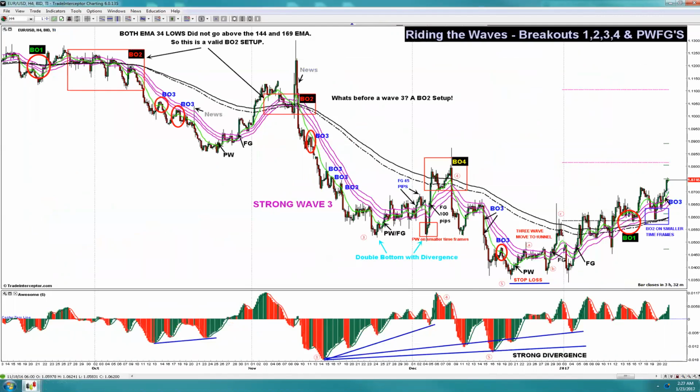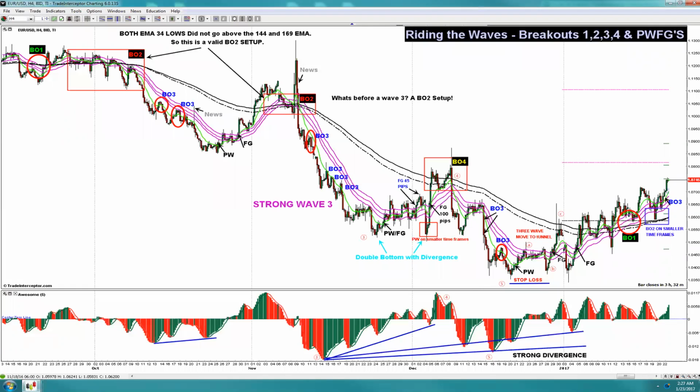There's a question. So PW fill the gap can be after waves 1, 3, 5, A, and C, after moves that are considered as impulses. Yes. Now we don't necessarily have to know what they are. They're after an impulse move, usually a 5-wave sequence.